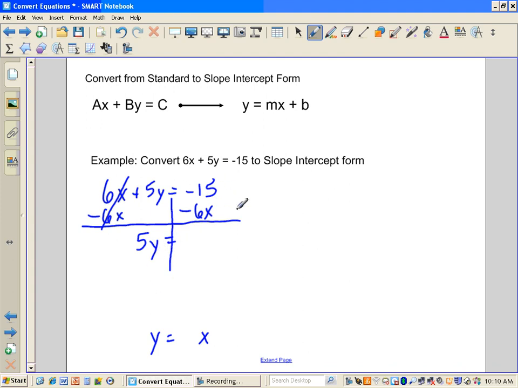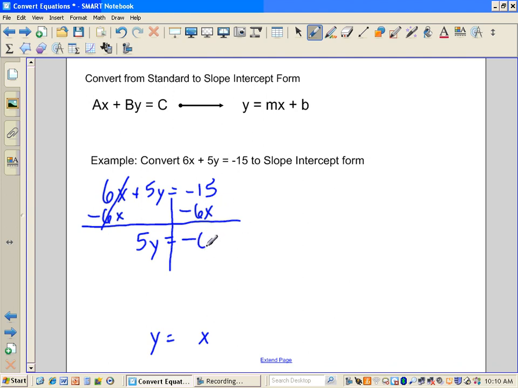On the right-hand side of the equal sign now, I have a negative 15 and a negative 6x. This negative 15 does not have an x with it. This negative 6 has an x with it. I cannot combine them. They are not like terms. So all I can do is just list them next to each other.